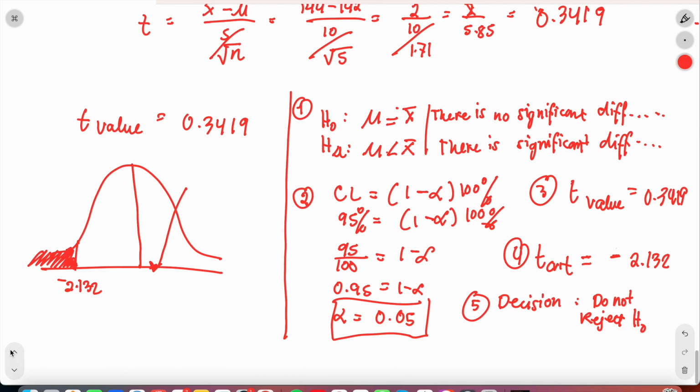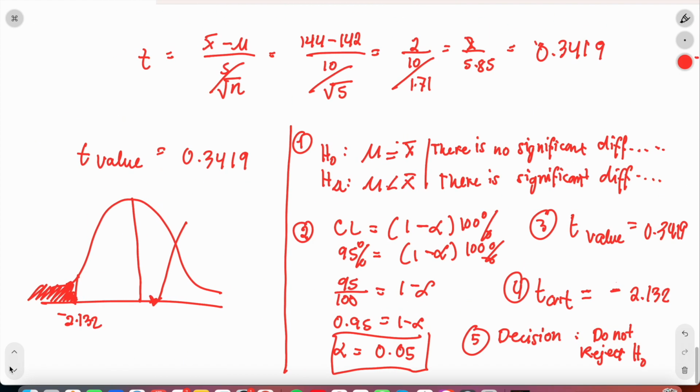So these are the steps for hypothesis testing. So my activity for you is to use the same problem, Sophia's problem, but here alpha should be 0.01.